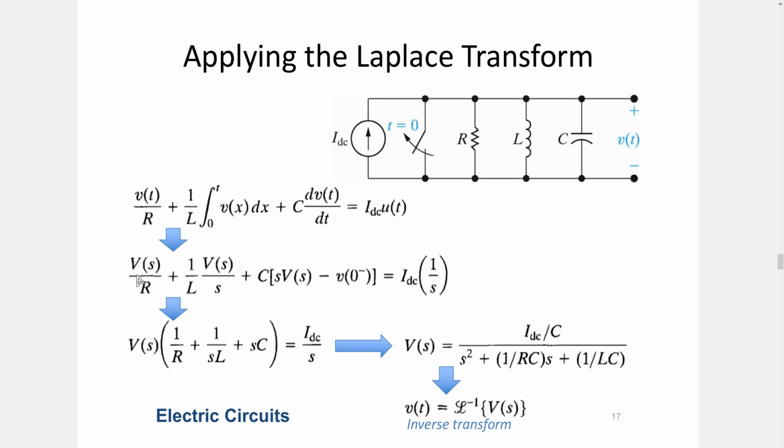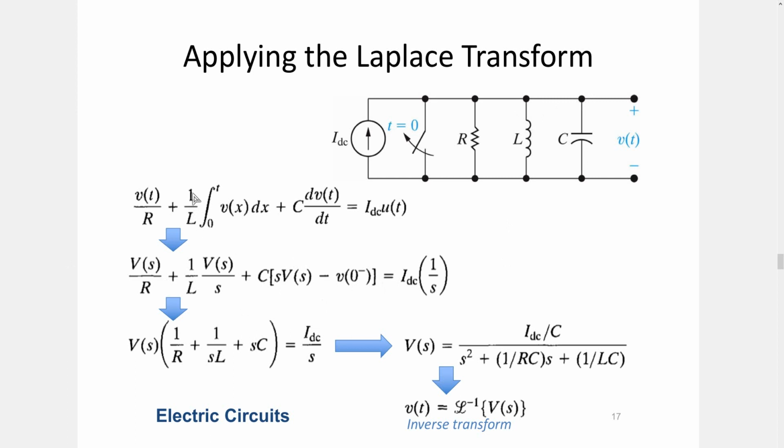And since R is constant, we will simply have V(s) over R. And for the integral, we know that an integral operator will bring us a 1 over s, while the differential operator will bring us an sV(s) minus V0, which is the initial value of this node voltage. So I have to write it here.